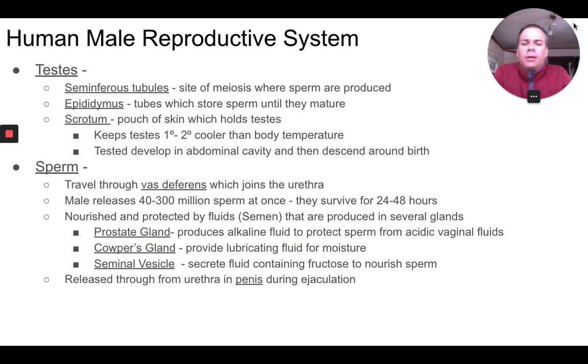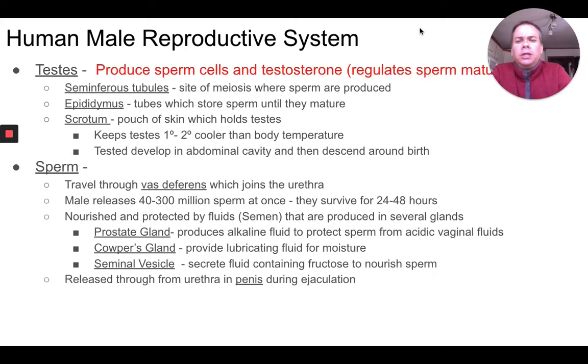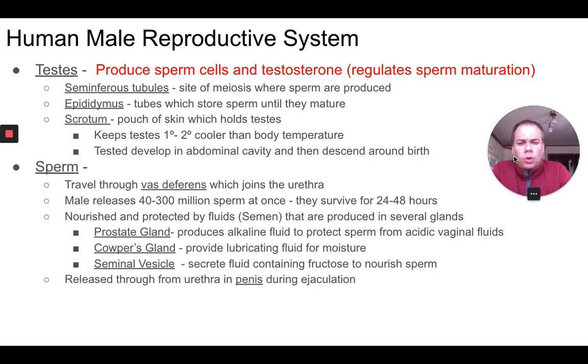Okay? And so it begins with the testes. So the testes, also testicles, they mean the same thing. Testes are the organ that is responsible for production of sperm cells, as well as the male sex hormone testosterone.